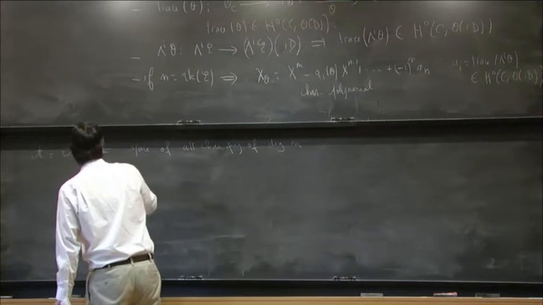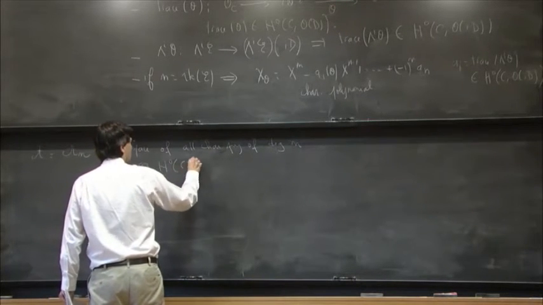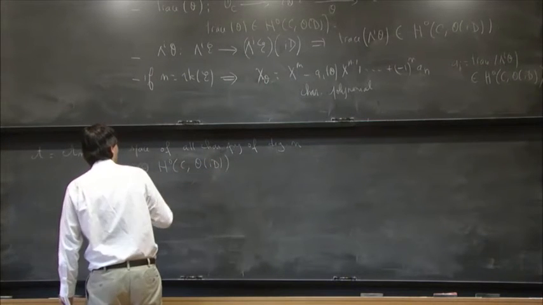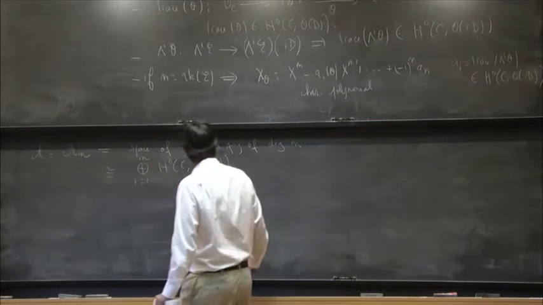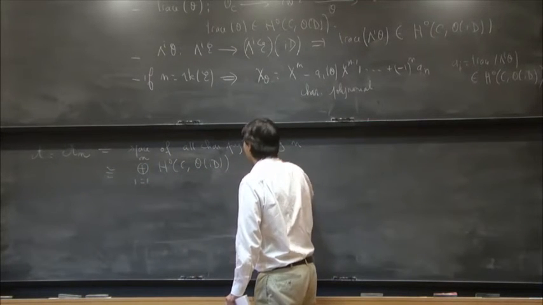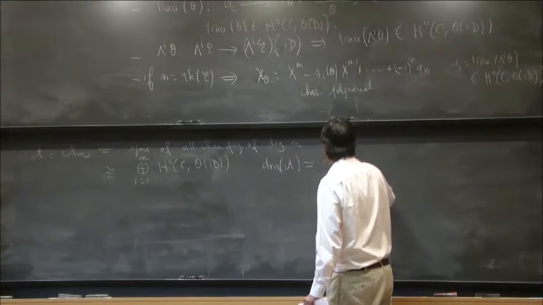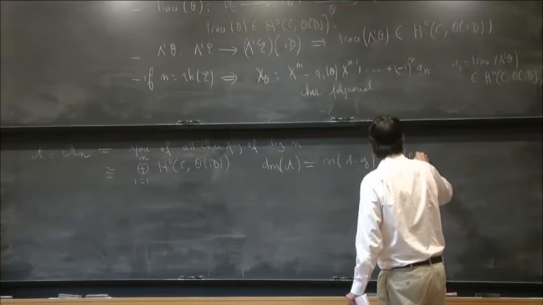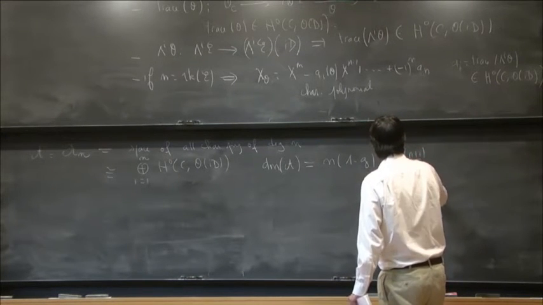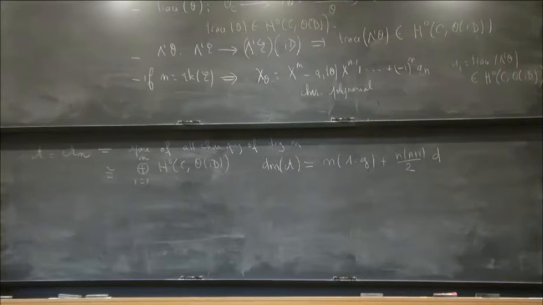This is identified to the space of sections of O(iD) for i from 1 to n. And so by the Riemann-Roch theorem, this is of dimension n times (1 minus the genus) plus n(n+1)/2 times the degree of D. This is small d.